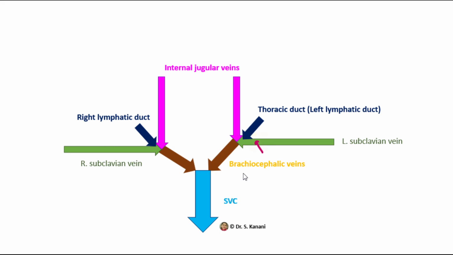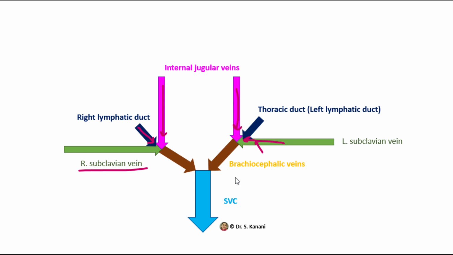So here we have a very simple map that shows right lymphatic duct emptying lymph at the junction of right subclavian vein and right internal jugular vein. Thoracic duct empties lymph into the venous system at the junction of left subclavian vein and left internal jugular vein.